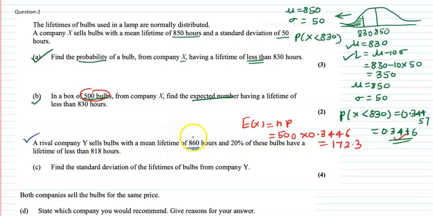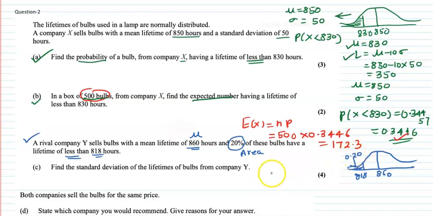Okay. Now the next part they are saying, a rival company Y sells bulbs with a mean lifetime of 860. So this is our mu, and 20% of these bulbs have lifetime less than 818 hours. If we plot this on a bell-shaped diagram, this is 860, and less than 818 here, and they are talking about this area, which is given as 0.20.